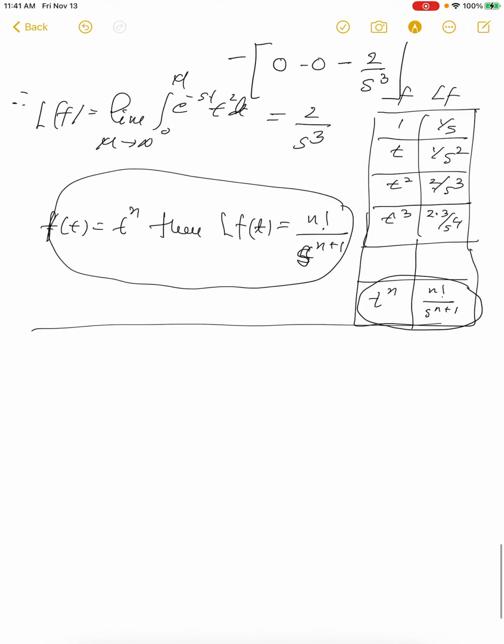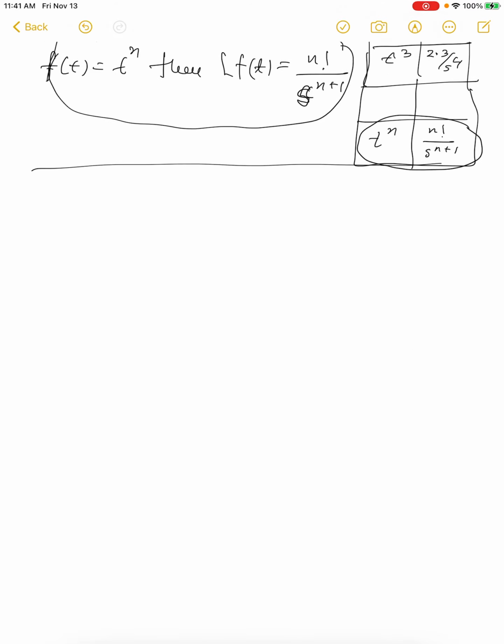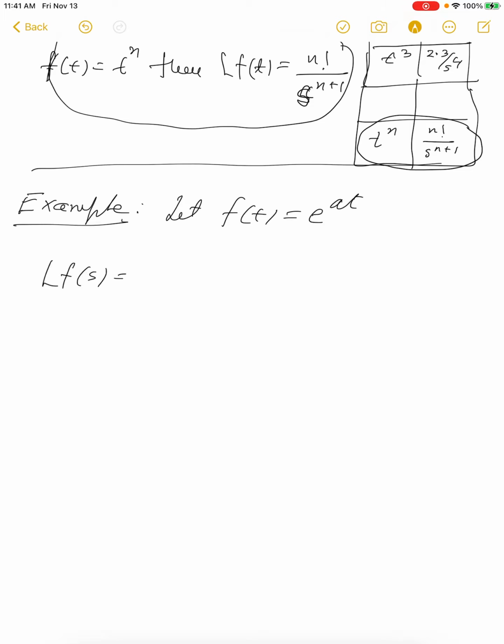Good. So let's see another example, another nice function, which is e to the at. Let's take f of t to be e to the at, and let's find out LF at s.